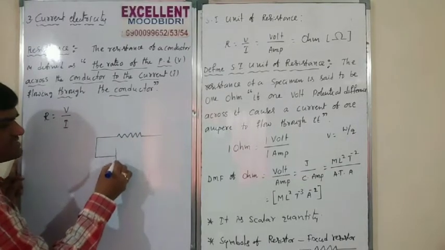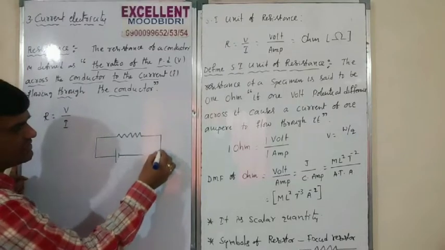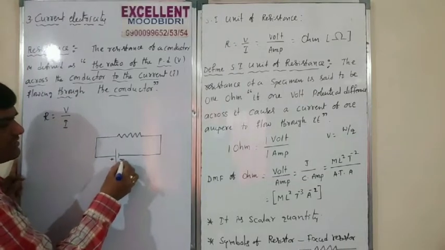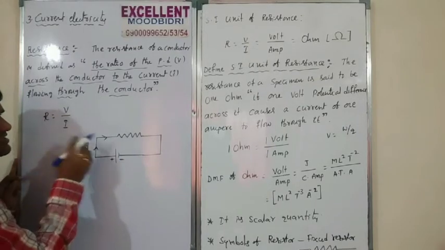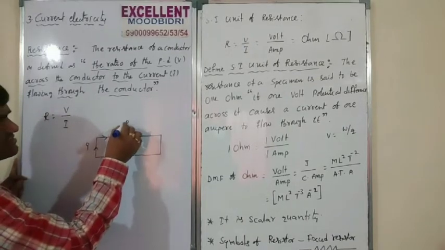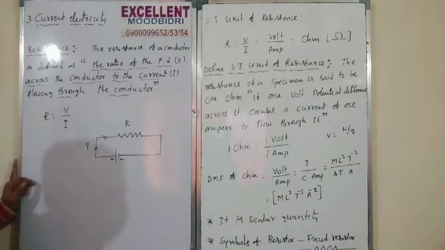Now here this is the battery, with the positive and the negative terminal. The current is flowing in this direction. The current I is flowing through the resistor, which we can represent as R itself.